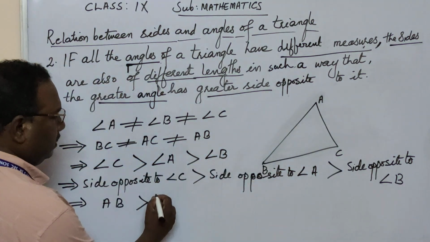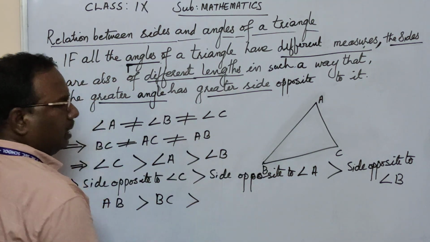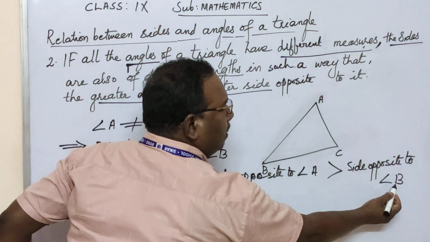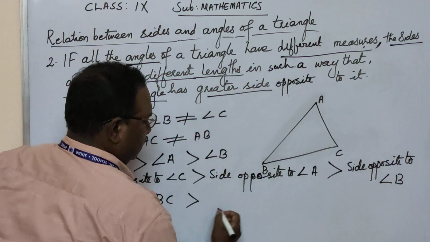BC. Greater than, and which is the side opposite to angle B? AC.